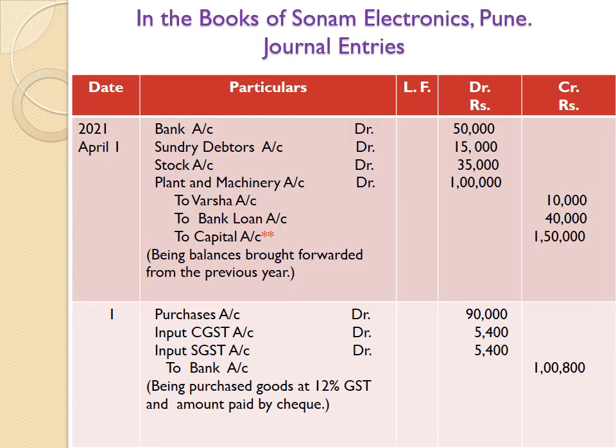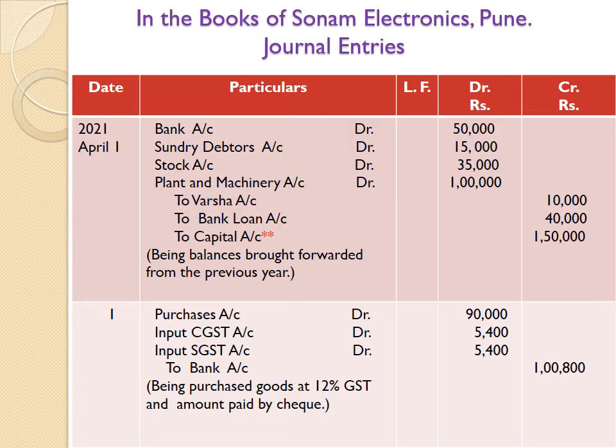Firstly, it is necessary to consider what exactly is given in our problem. There are certain items having debit balances. All the items having debit balances are debited. All the items having credit balances are credited. And the difference between assets and liabilities is termed as capital.